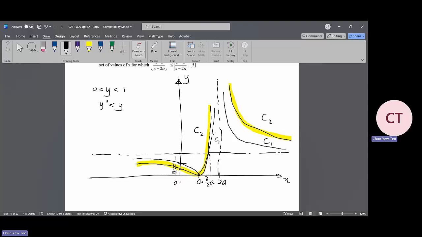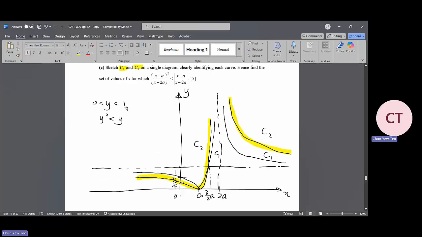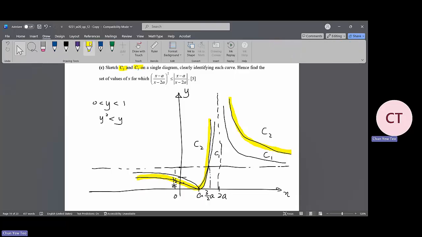Now we are looking for the set of solutions. Okay, we are looking for the set of solutions where y square is less than or equal to the modulus of y. So that means we are looking for the yellow graph, which is below the modulus graph.